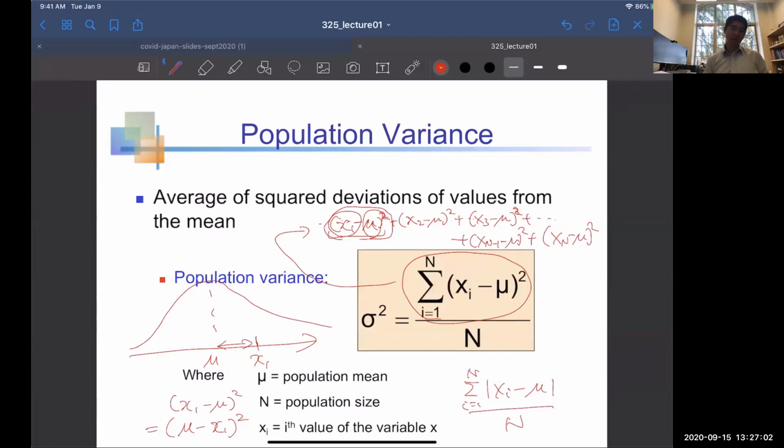If you're really interested in just measuring the spread, that is okay, although for some reason not many people use this distance. The flip side is that there is actually a good reason why people use this slightly more complicated measure, the squared distance or average squared distance.